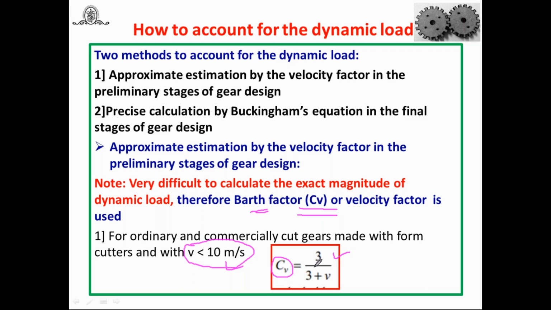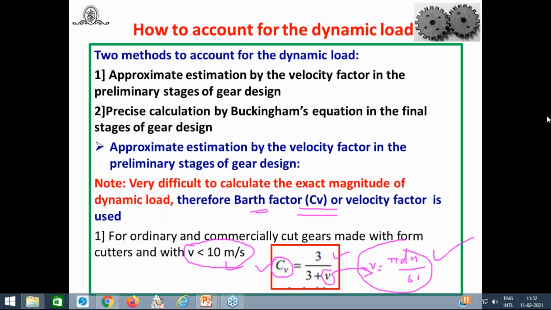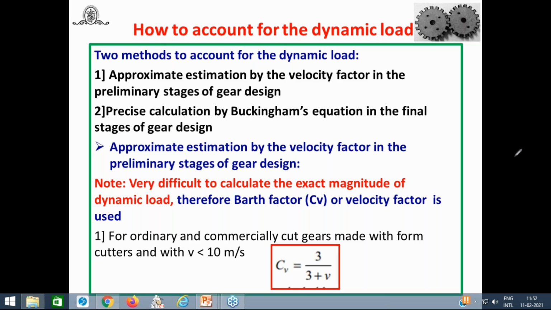That is why it is called the Barth factor or velocity factor: CV is equal to 3 upon 3 plus V, and you know V is the pitch line velocity. You can calculate V, the pitch line velocity, as pi dN upon 60, the usual formula. So you can find the velocity factor CV. But there are a number of Barth factors, so when to use which?